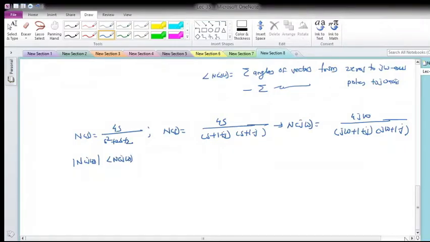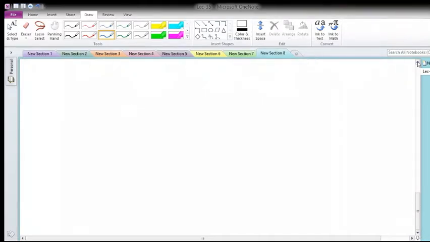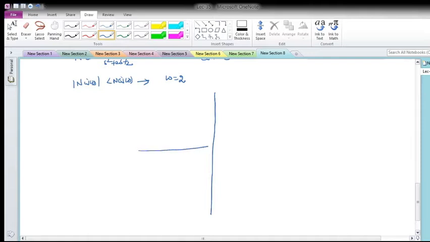Let me see it graphically. Analytically you can also do it, but with the graphical representation I'll get more intuition about it. Let me evaluate the magnitude response and phase response at frequency omega equal to 2. For this, let me draw the complex s plane like this. This is my sigma, and this is the j omega axis.